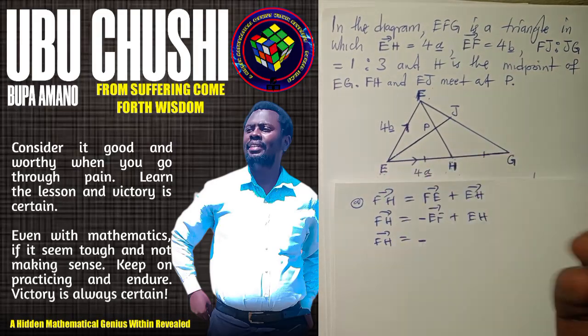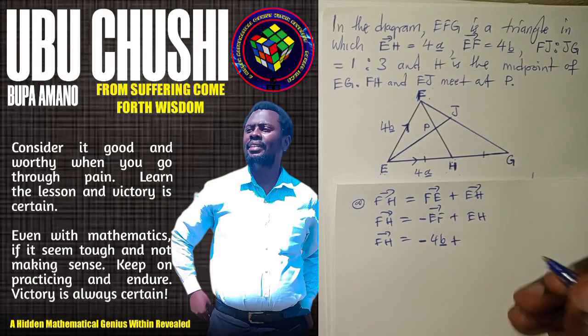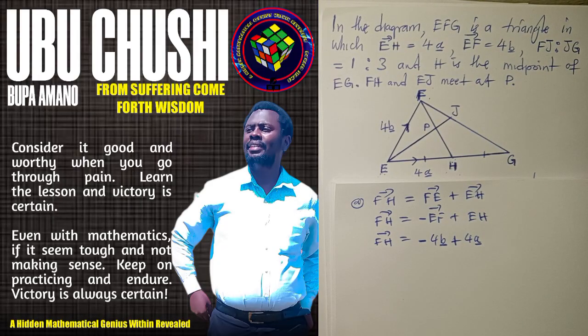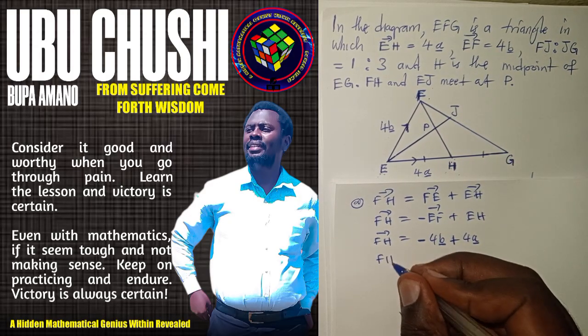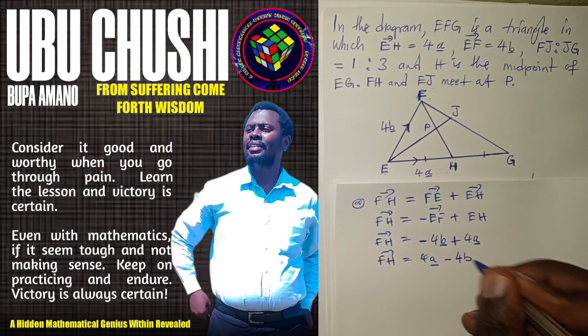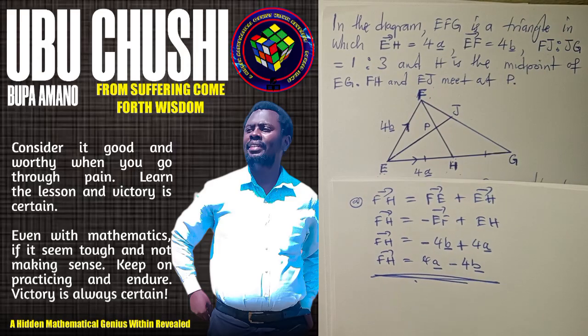EF is 4 vector B and EH is 4 vector A. In mathematics, we should always start with the positive value, followed by the negative value. So FH is equal to 4 vector A minus 4 vector B. That is the value for FH.